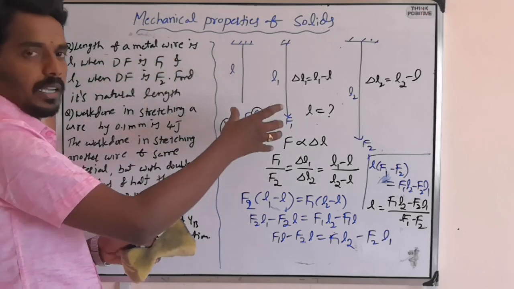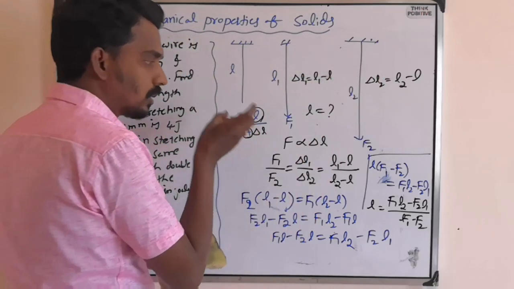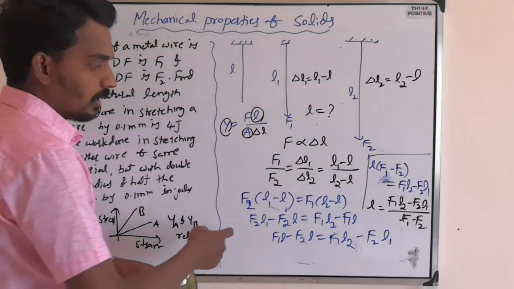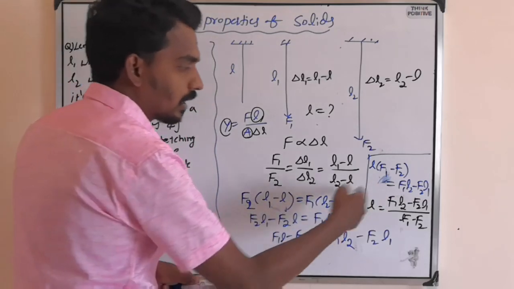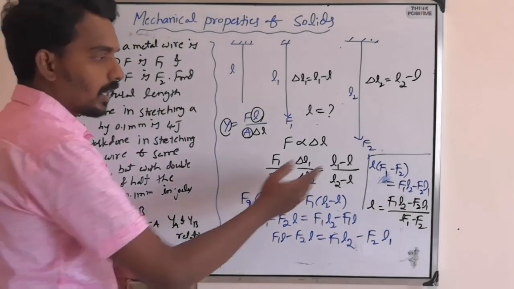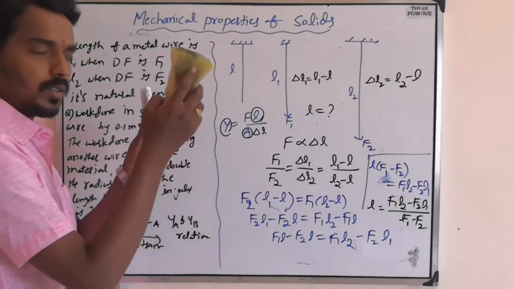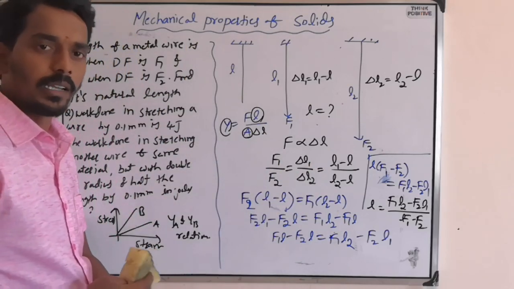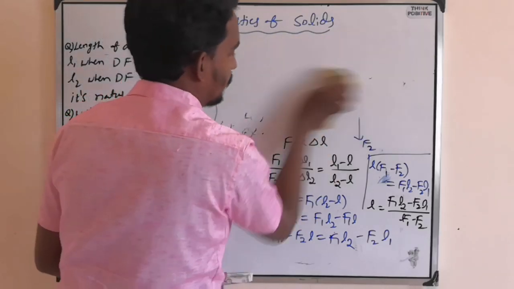So from the given data, you need to understand the situation, use the physics formula, manipulate accordingly, then go for the mathematical calculation without any mistakes. This is how you have to deal with such questions: understand, use the formula, manipulate and do careful calculation.